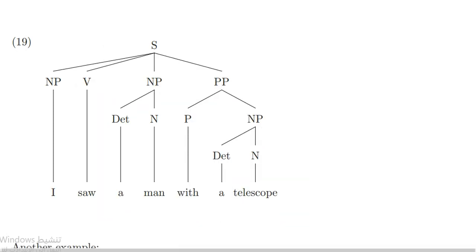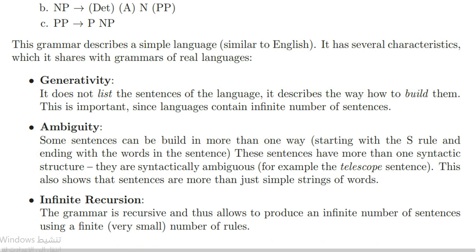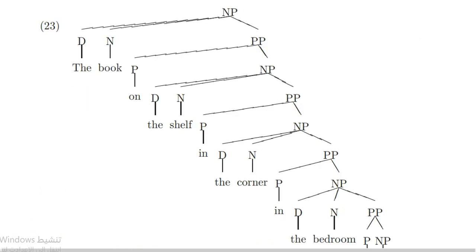So that's one structure. Another structure: I saw a man with a telescope. It means now the prepositional phrase is alone, the noun phrase is alone, and the verb is alone. This is another way of understanding the sentence. We don't need to think about the characteristics here, but we have to look at this structure. It's a very, very complicated structure.